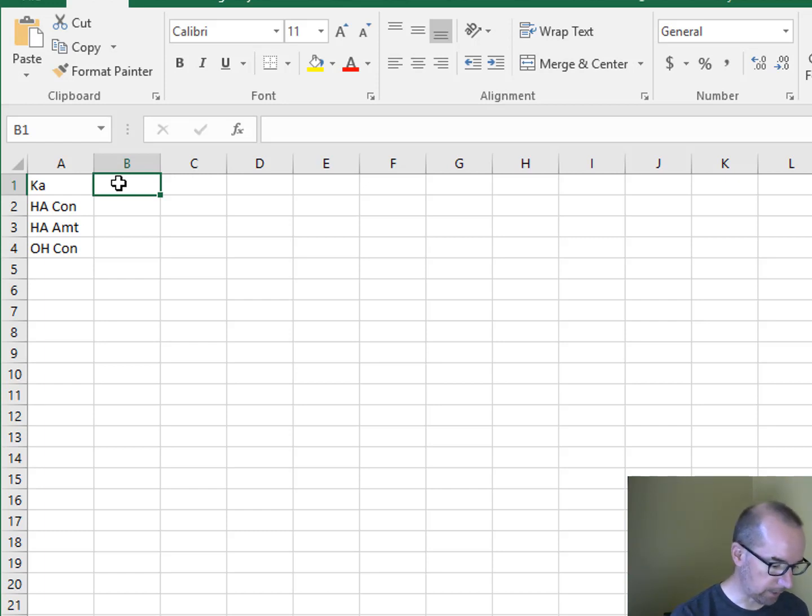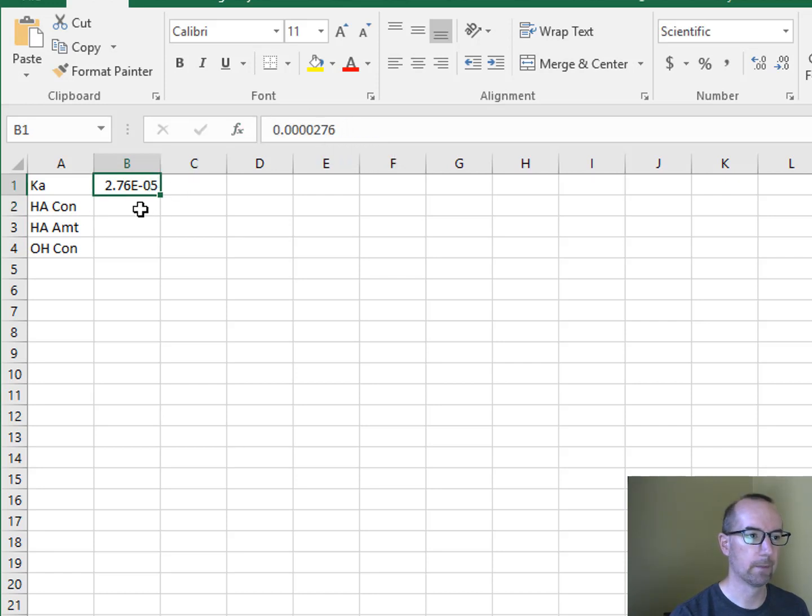Let's say that my Ka was 2.76 times 10 to the minus 5. The way that I would put that in is 2.76 E minus 5, not Xe, E minus 5. Then the computer makes that a capital E minus 5, so that is times 10 to the minus 5 as far as the computer is concerned.